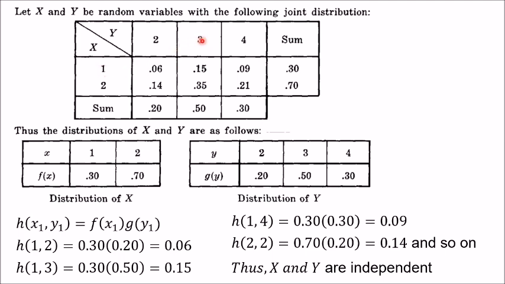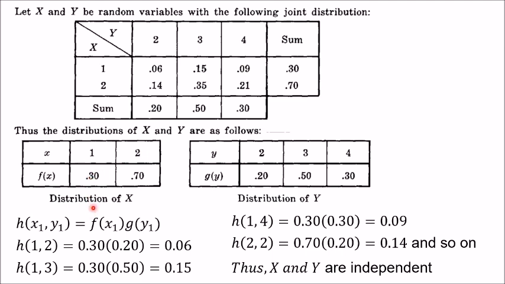X is 1, y is 3, their probability is 0.15. Now, this is the product of 0.3 times 0.5, the probability of 3. So 0.5 times 0.3 is 0.15, and that's it. So as to the others, 0.30 times 0.30 here, when y equals 4, that is 0.09, and this is it.